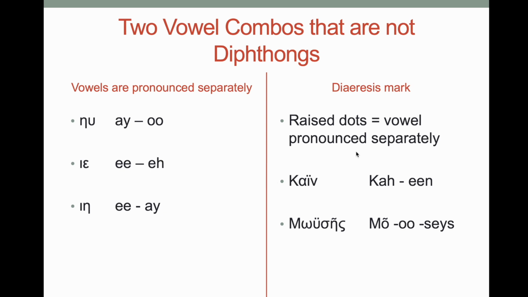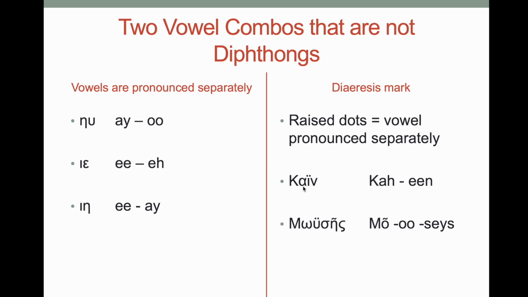There are situations also where it needs to be indicated quite clearly that the two letters are pronounced separately. So the Greek word for Cain in the New Testament has what's called a diaeresis mark above the iota. So you don't pronounce the alpha iota as a diphthong. You pronounce the two letters separately.